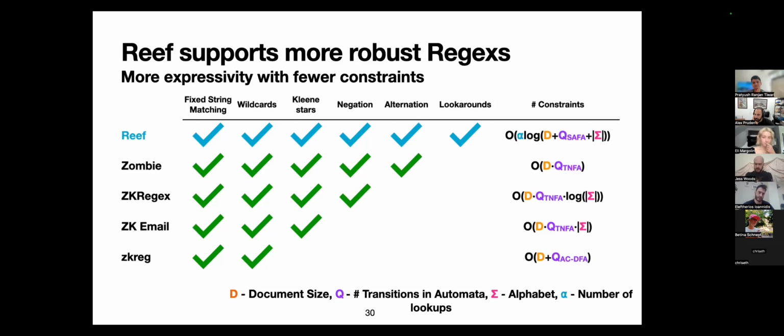Essentially, the insights from Reef, that you only need to look at the things you need to look at, and lookup tables are faster than computation, which is not a new idea in this space, but a good insight, can be applied to a lot of other things. I'm working on proving stuff about compilation passes in zero knowledge, where you have some AST and you prove transformations on it.